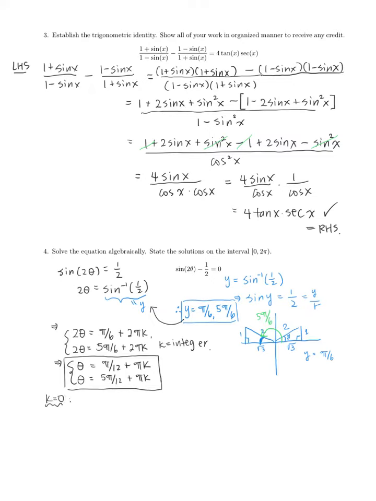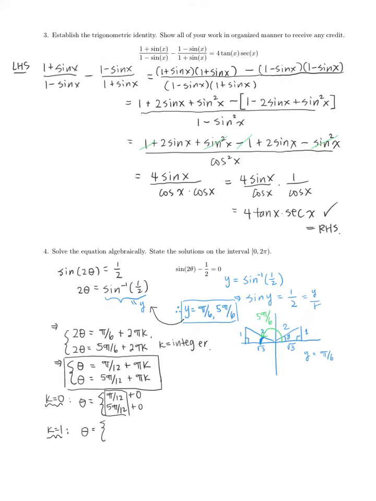So when k equals 0, our theta is going to be pi over 12 plus 0, and 5 pi over 12 plus 0. So I believe that those are definitely inside of the interval of 0 to 2 pi. So these are keepers.